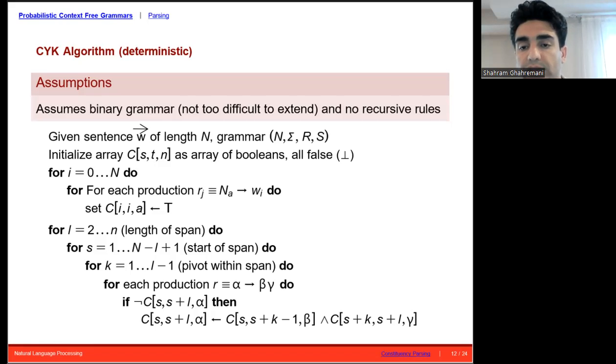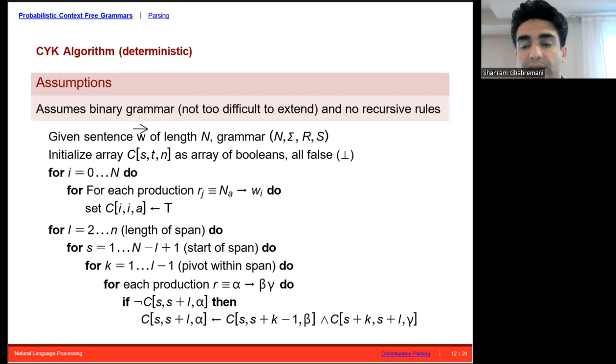This is called the pivot position. So what we do is we first check whether the non-terminal alpha is already associated with this larger span. If it is, our job is done. Otherwise, we then need to see if we can break up this larger span into two subspans. This is the dynamic programming step.